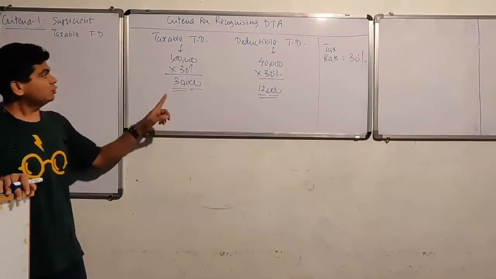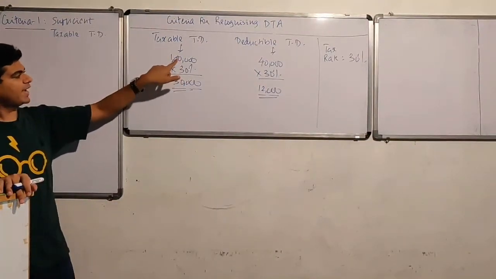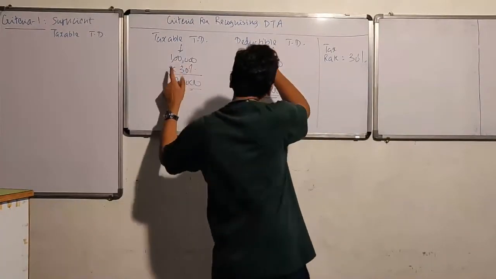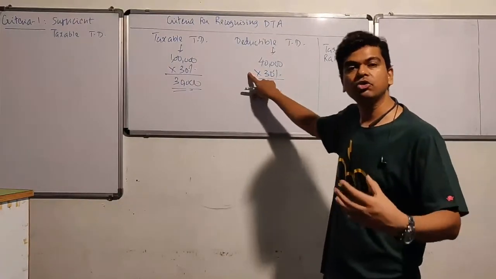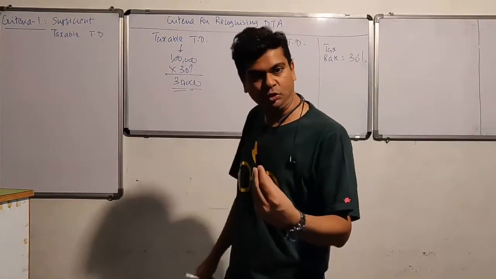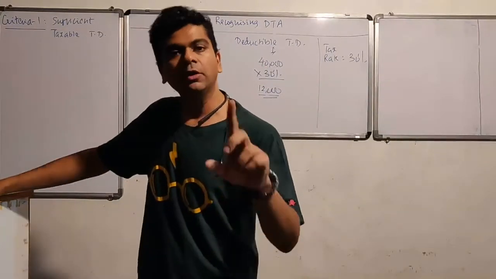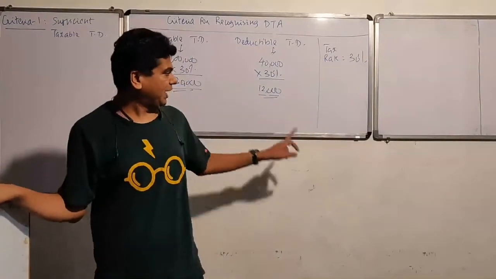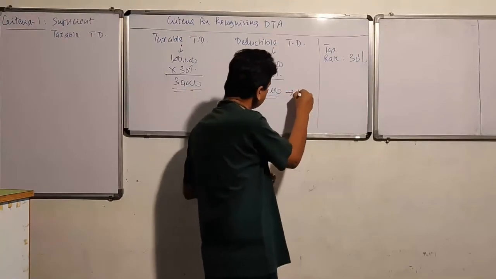As I was saying, you will have to pay extra tax on 1 lakh, but in the process of paying extra tax on 1 lakh, I will be able to save tax because of the deductible temporary difference. So I will be able to realize the benefit in future. And because you are able to realize the benefit in future, you are eligible to recognize the DTA. So I will recognize the DTA of 12,000 rupees in my books.